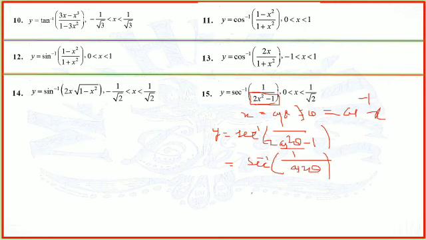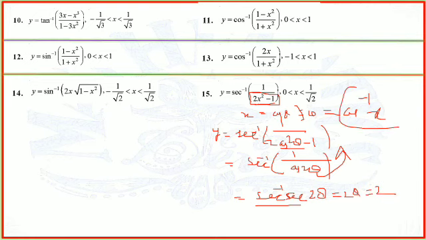Now, 1 upon cos 2 theta, we will take cos 2 theta to the numerator. Sec inverse, this will become sec 2 theta. Cos 2 theta will go to the numerator, so it will become sec 2 theta. Sec and sec inverse removed. So it will be equal to 2 theta, which is 2 into theta, where theta is equal to cos inverse x. So 2 cos inverse x.